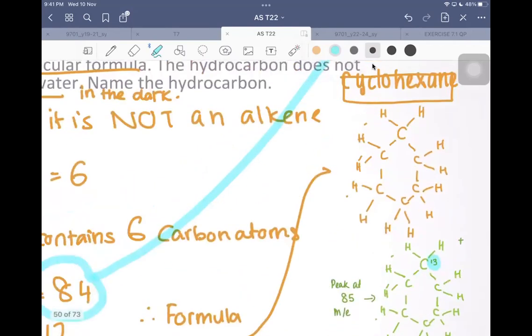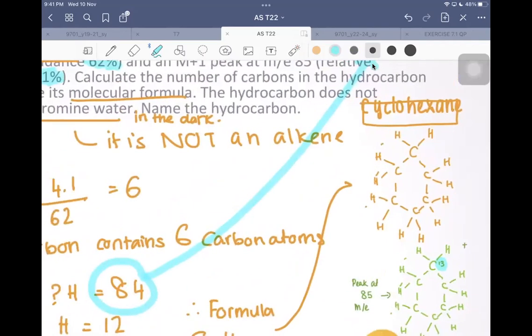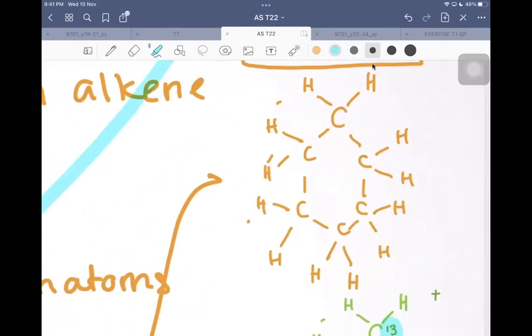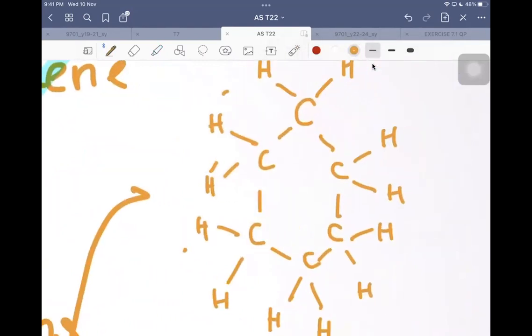Whereas the signal at 84 is produced by a cyclohexane that is made up of all carbon 12. Okay, so I'll label that for you. Carbon 12 is quite common, so we don't usually write it like that, because it's understandable that it's just carbon 12.